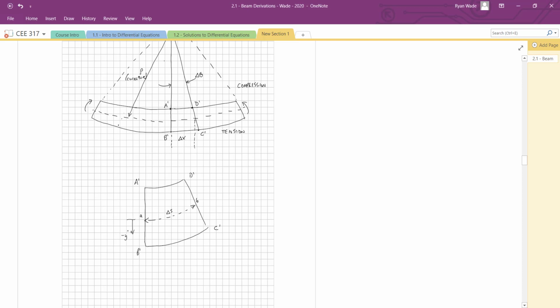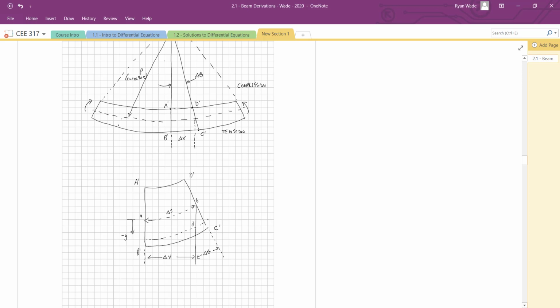I'm going to define my coordinate system as negative y is down. And I'm going to just take another slice anywhere along the beam here. And that's going to be this point here from the neutral axis to here. It's going to be equal to delta x still, right? Because we already defined that before. And if I use similar triangles, etc., and the definition of how things like a circle and the radius, etc., I'm going to get that that's delta theta as well.